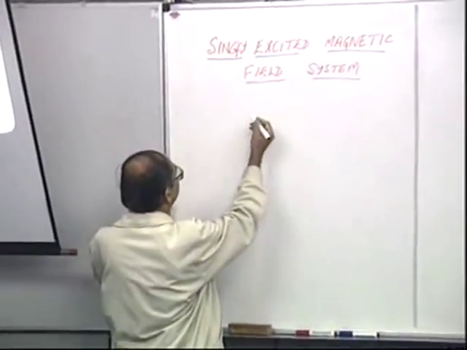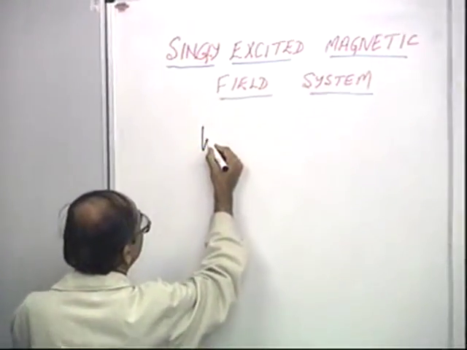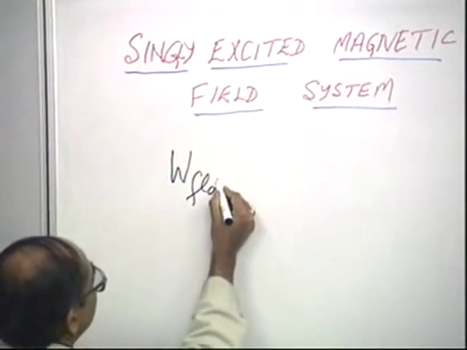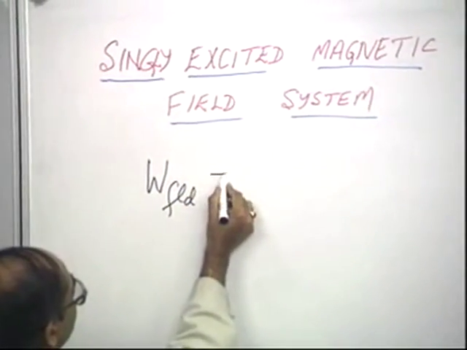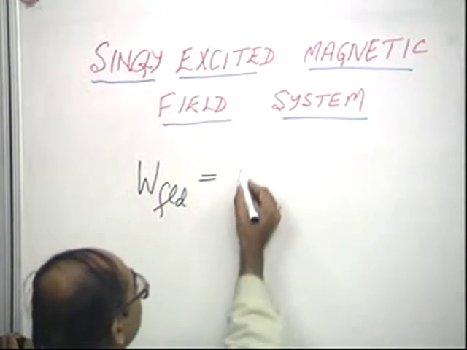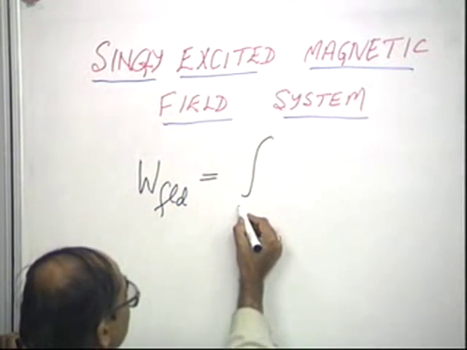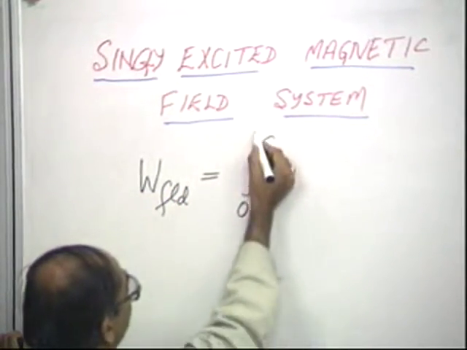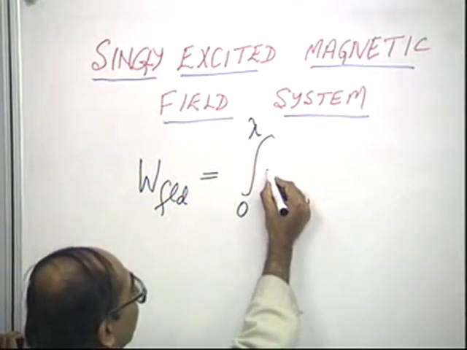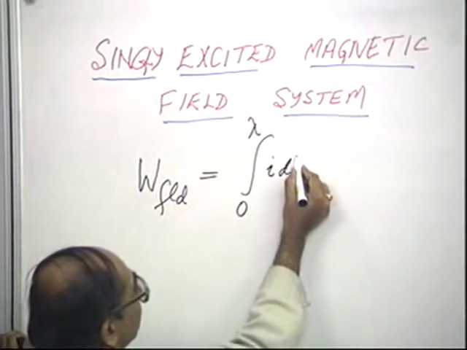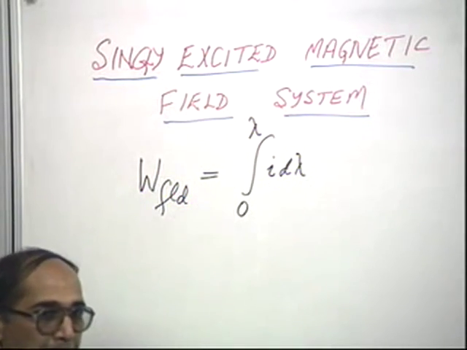Now the expressions we derived were that the stored energy W field is equal to the integral from 0 to lambda of I d lambda.